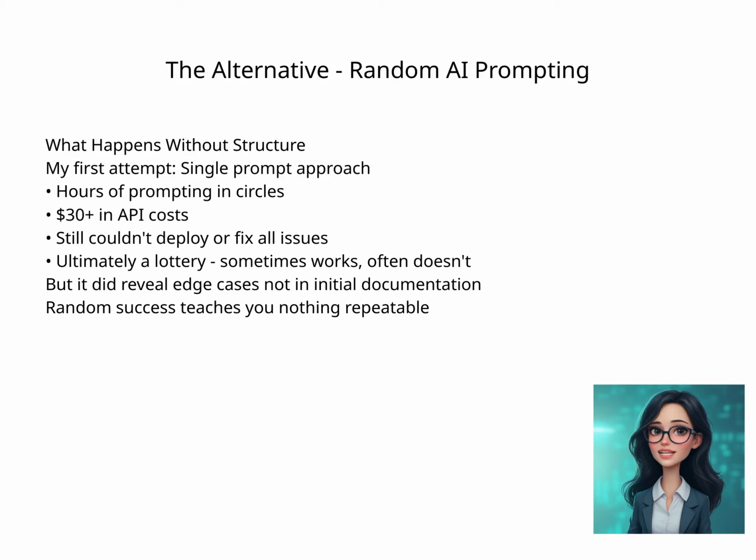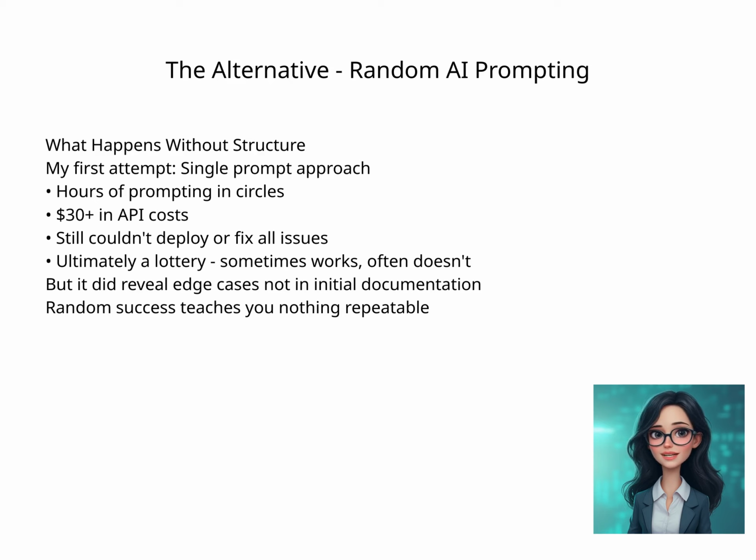Let me be honest about the alternative approach. Before building this with proper preparation, I tried the typical developer approach, a single prompt asking AI to build the entire Telegram coffee bot. I spent hours prompting in circles, burned through over $30 in API costs, and still couldn't get a system that would deploy properly or handle all the edge cases correctly.